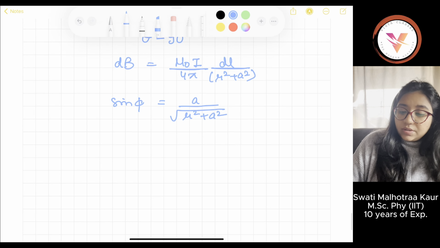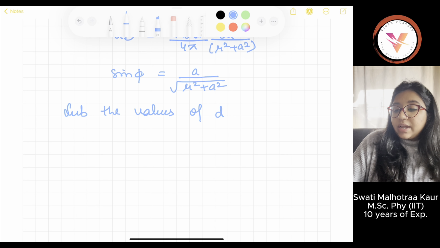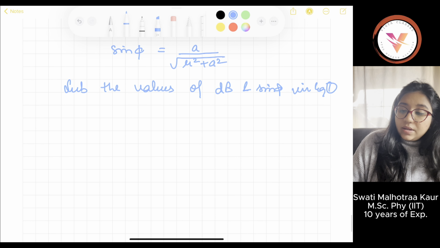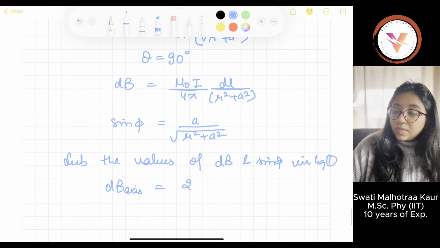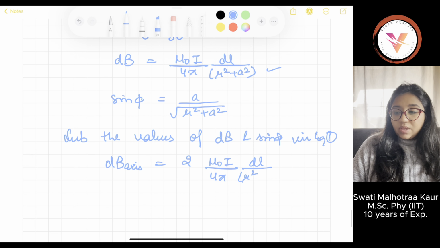So substitute the values of dB and sine phi in equation 1, and you will get dB on axis is equal to 2 times of this mu naught I over 4 pi dl over r square plus a square, and for sine phi is this.